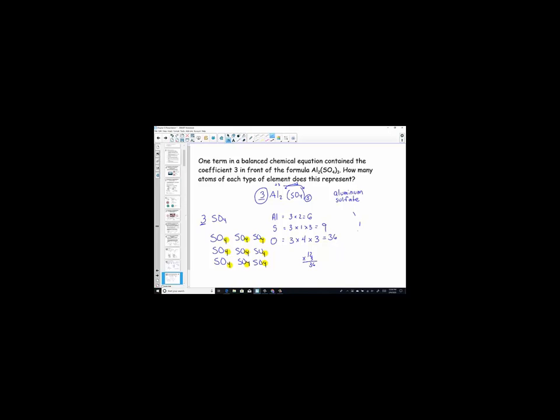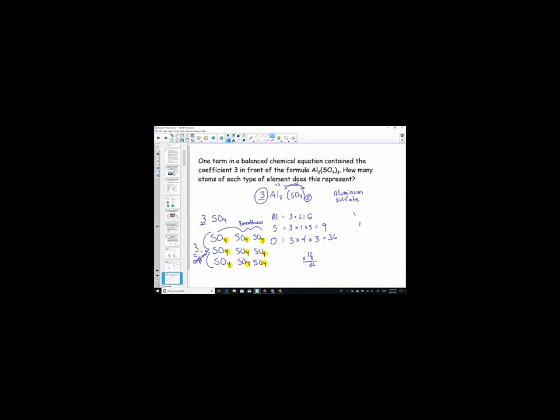So what this tells us, the coefficient of 3, and this would tell us the parenthesis taken 3 times. Three units of aluminum sulfate contain 6 atoms of aluminum, 9 atoms of sulfur, and 36 atoms of oxygen.